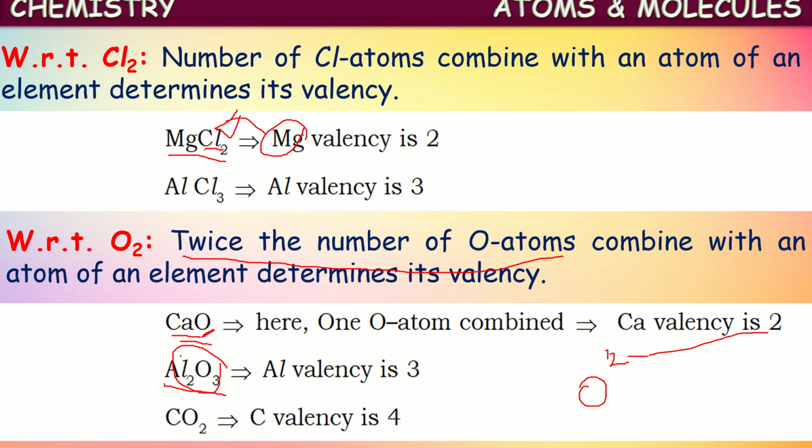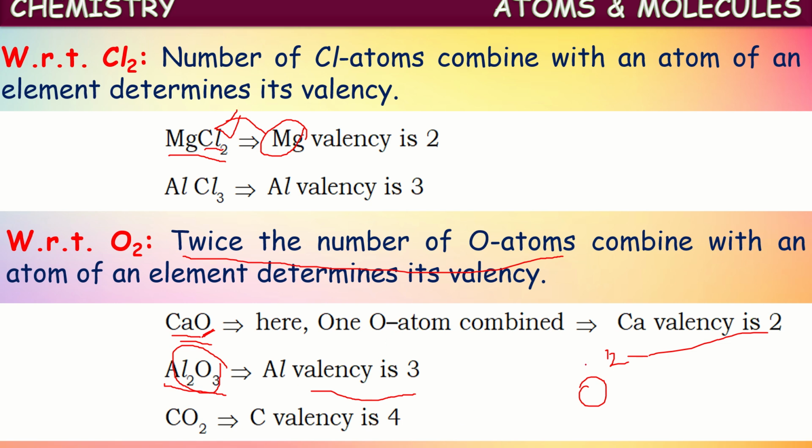Here two aluminiums combine with three oxygen atoms, and twice the number means 6. Here two aluminiums share that valency. So 6 valency is shared by both of them equally. Then each aluminium carries valency of how much? 3. Okay, each aluminium carries the valency 3.